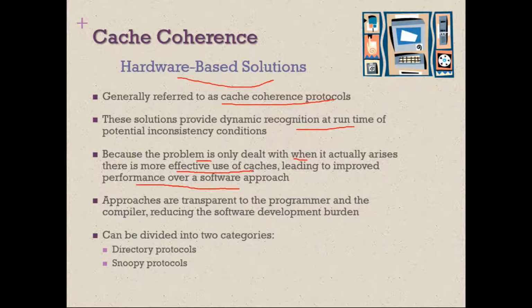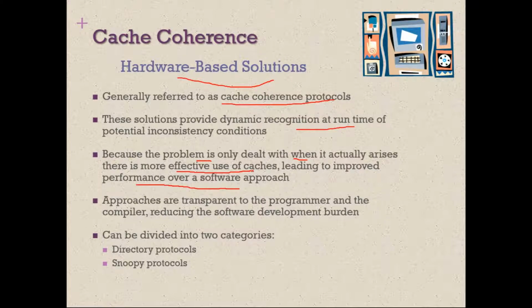But that is not the case with the software based approach. The software based approach is just going to predict: it may happen, it may not happen. For a particular instruction it may predict that it may not create inconsistency, but that instruction may create inconsistency when it is getting cached.